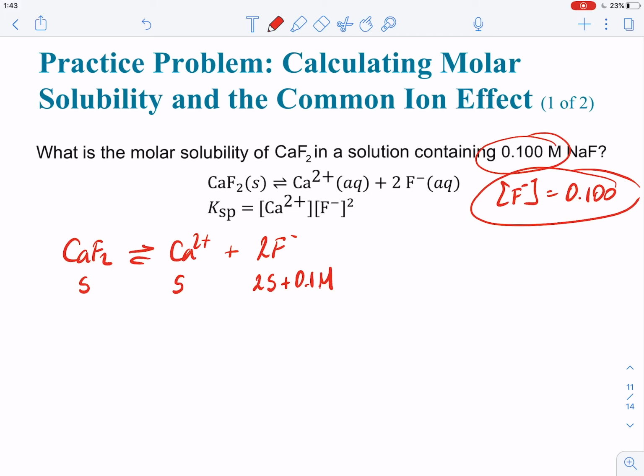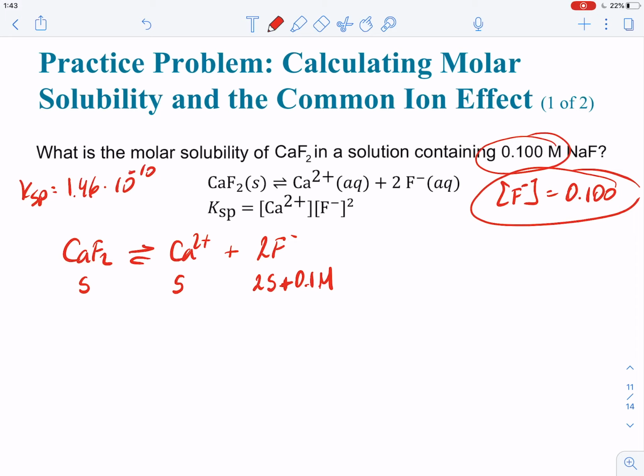Here we can use the full ICE table, but because there is not that much going on, and everything happens on one side of the reaction, I'm not doing the full ICE table, but you can perfectly do so. The Ksp for calcium fluoride is about 1.46 10 to the negative 10.